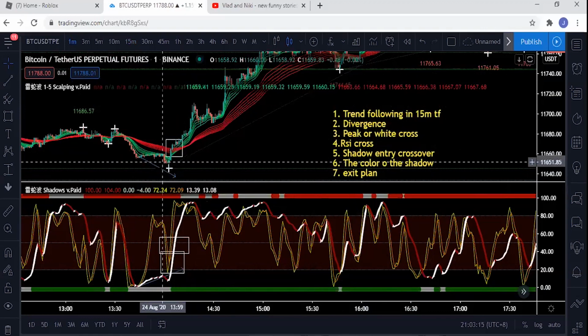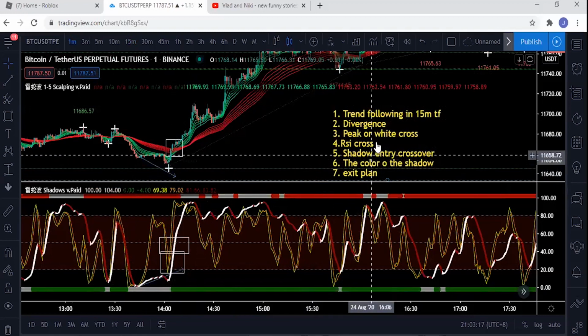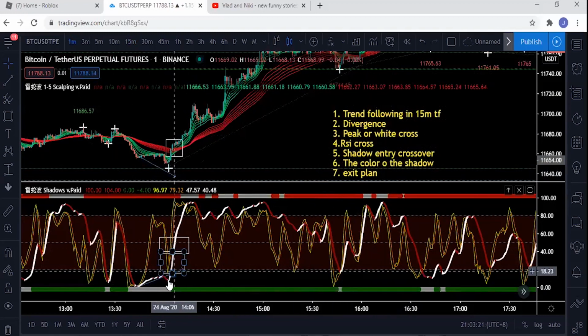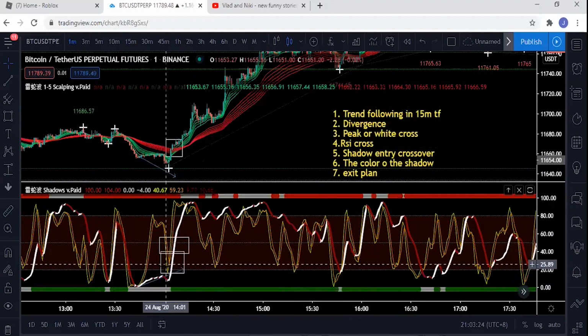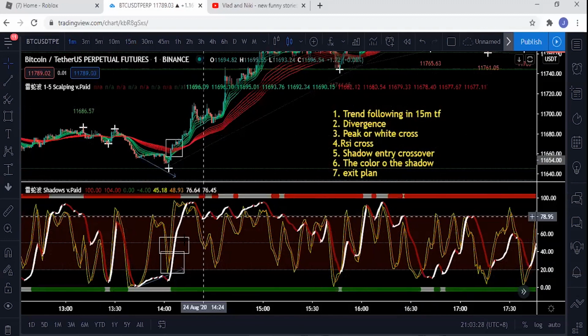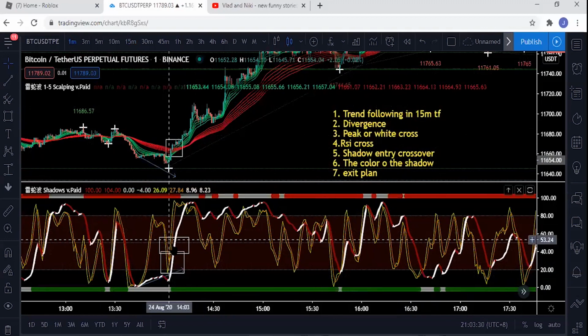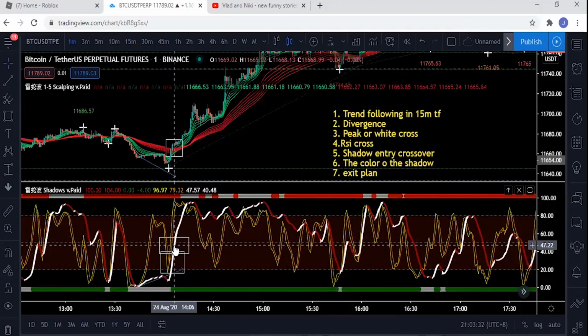This one, we already see our peak or white cross, the RSI, or the shadow entry RSI cross, this one here, our yellow over orange. Next is our shadow entry crossover, this one, the shadow above 50 RSI, the crossover in our 50 line.